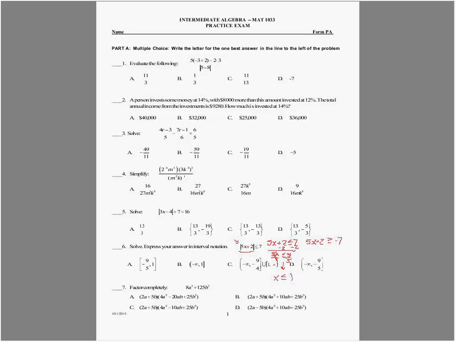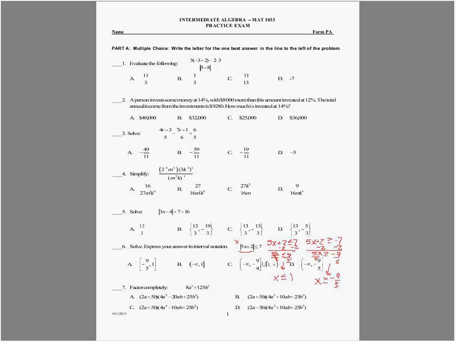Here we solve the same way, and 5x is greater than or equal to -9. When we divide by 5, we'll have x is greater than or equal to -9/5.